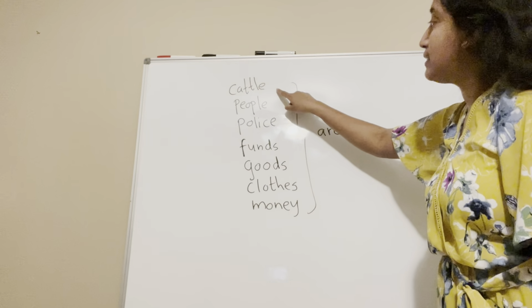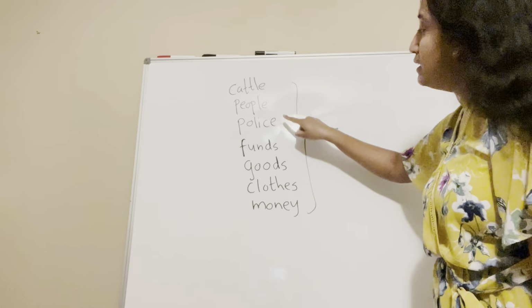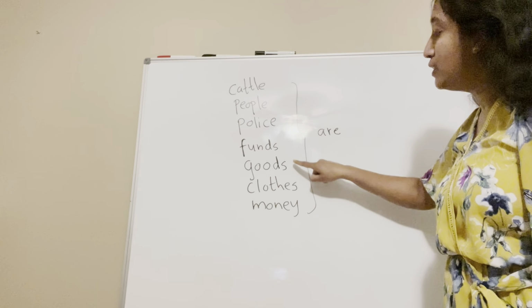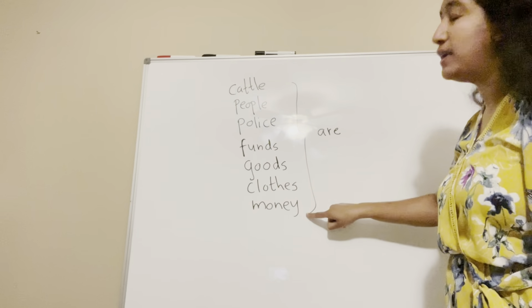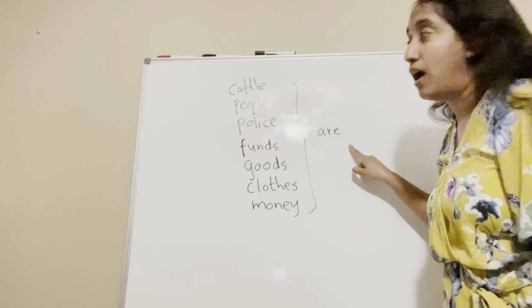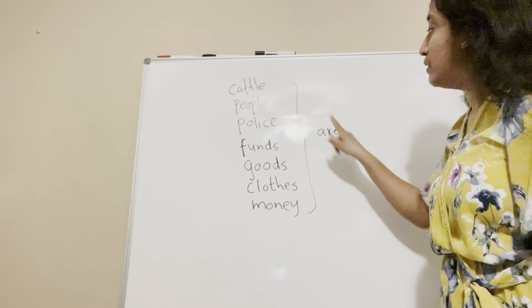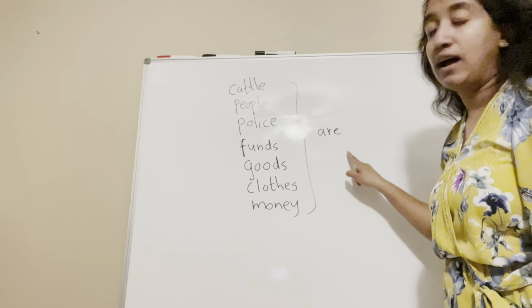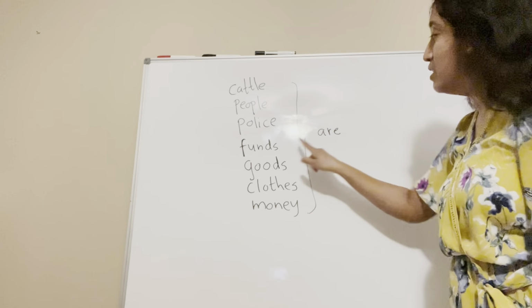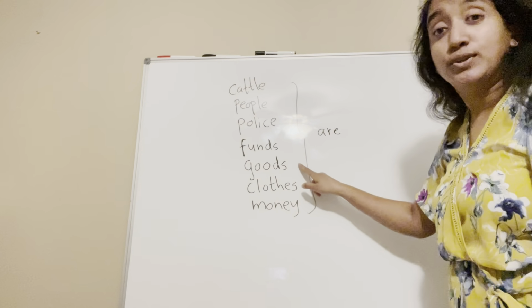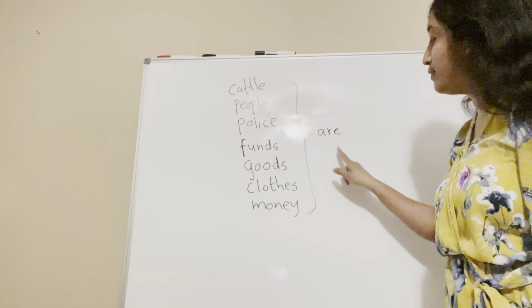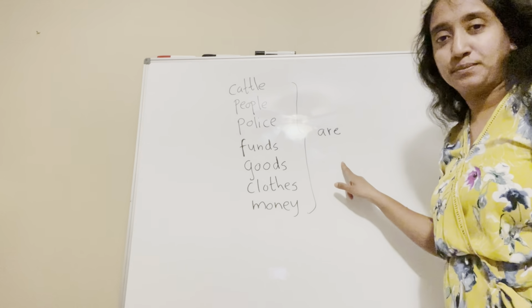The words like cattle, people, police, funds, goods, clothes, money. We always use are with them. Cattle are, people are, police are, funds are, goods are, clothes are, money are.